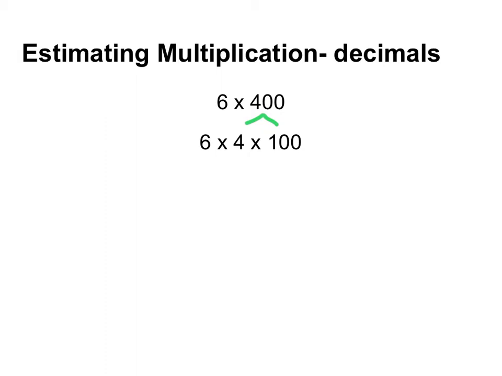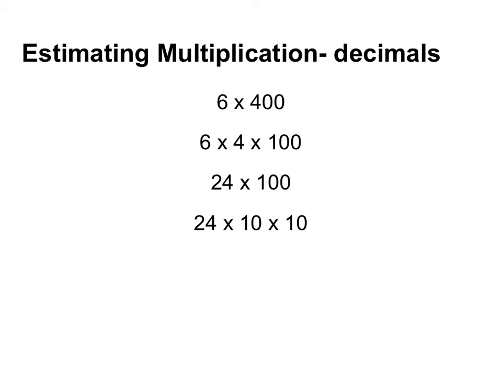We started with multiplication, we split with multiplication, so we're all set. Then we're going to multiply the 6 and the 4. 6 times 4 gives us 24, and then we still have this 100 hanging out. So we're going to think about how many tens is that.